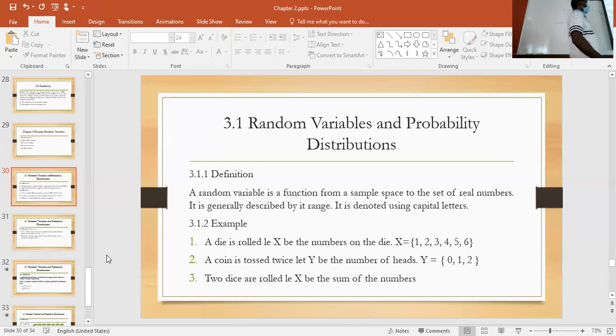For example, a die is rolled, let X be the number on the die. So when a die is rolled, it's a probability experiment. The outcomes are 1, 2, 3, 4, 5, 6. So we are just associating to outcome 1, 1, outcome 2, 2. That is a very simple example.